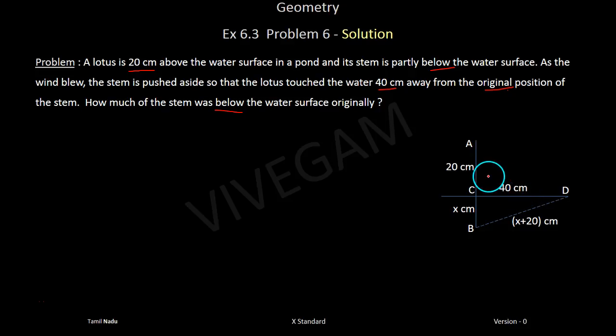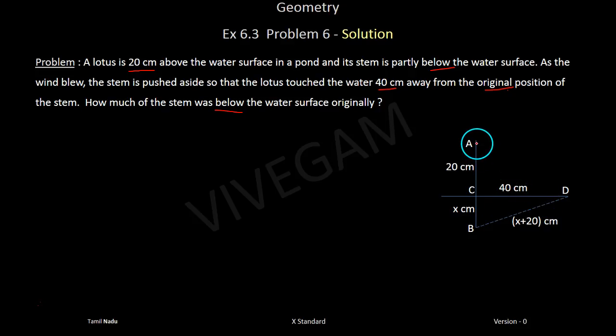The key thing to understand is that when the wind blows, it is not the AC portion of the stem which is going to bend. It will be a little tricky here. You might think that it is the AC which bends, so this distance also must be 20, and why is it 40?